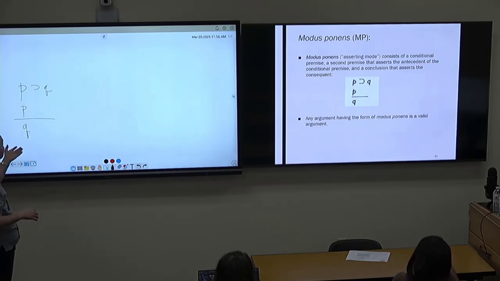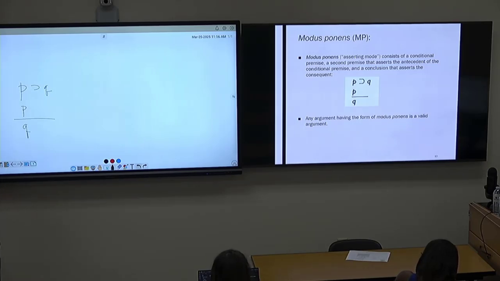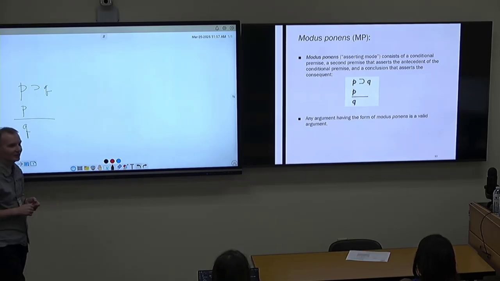Now, if an argument did have this form, what would we call it, by the way? Valid? Well, hold on, it's not about valid, but remember the argument forms which we talked about at the beginning of class. Obviously, we are dealing with deductive arguments. So deductive argument forms.